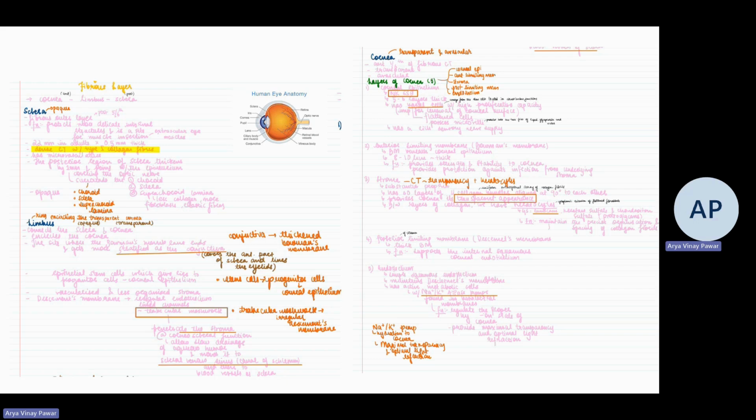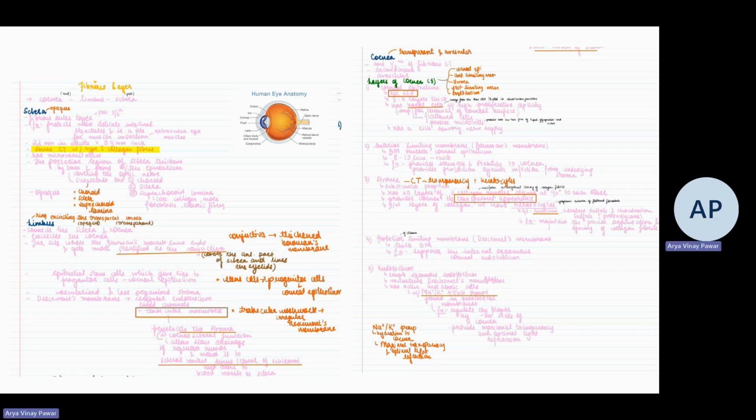The reason the cornea is transparent is that it has a special manner in which the collagen fibers are arranged to maintain its transparency. This order is maintained by keratocytes, which are found in the stroma. So that is the main feature of the stroma.